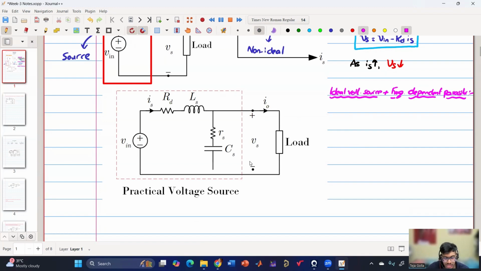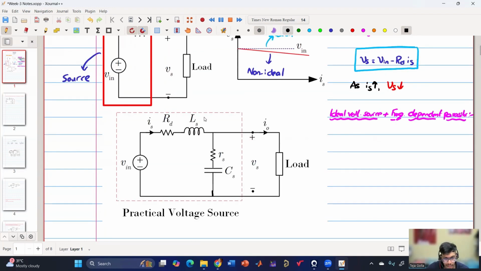This is the effective voltage that the load will see. So we not only have a parasitic resistance, but we also have parasitic inductance.